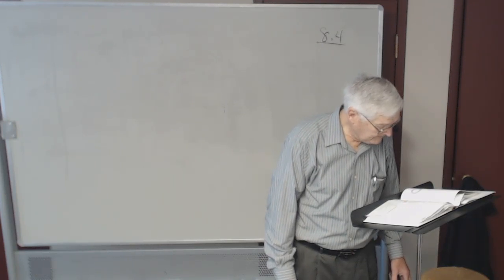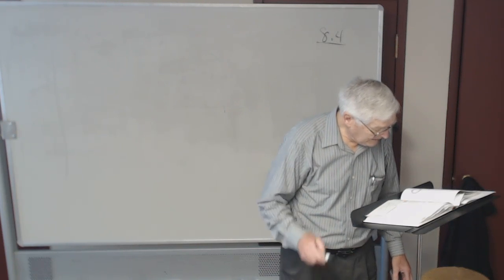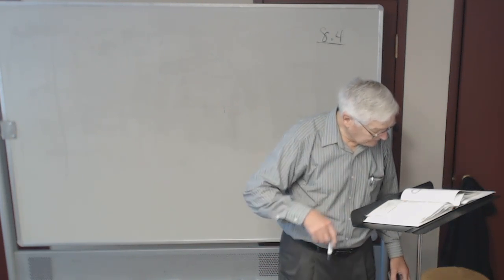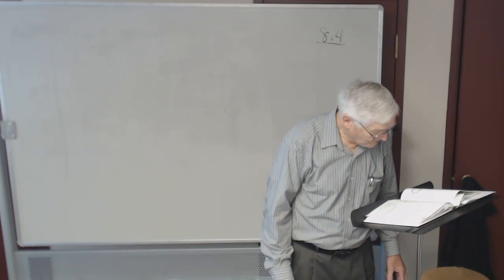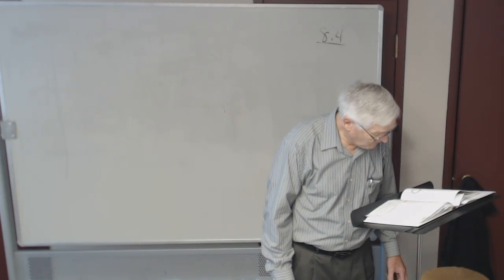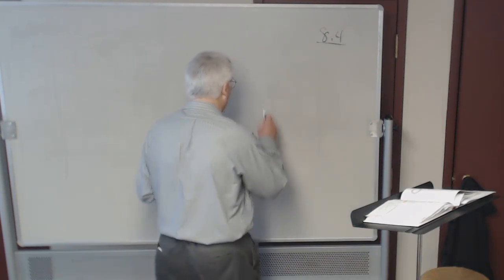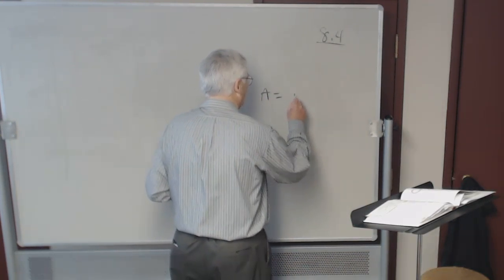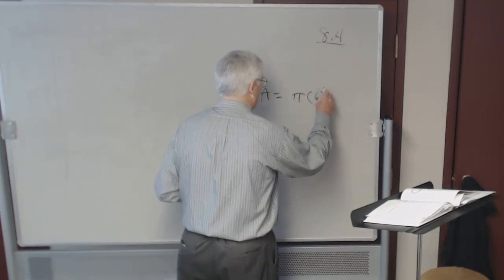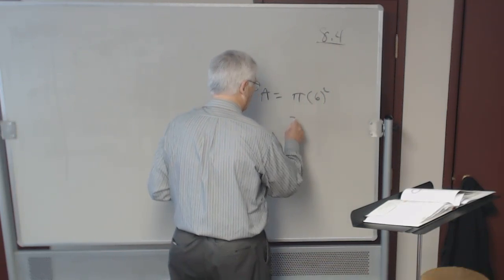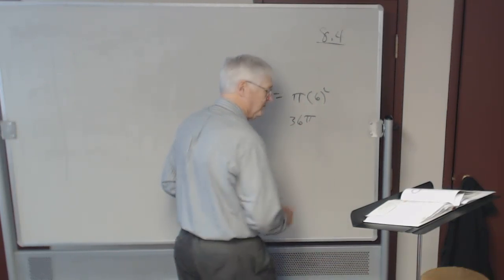For number 14, you have the big circle, which would be with a 6-inch radius. The area would be pi times 6 squared, 36 pi.